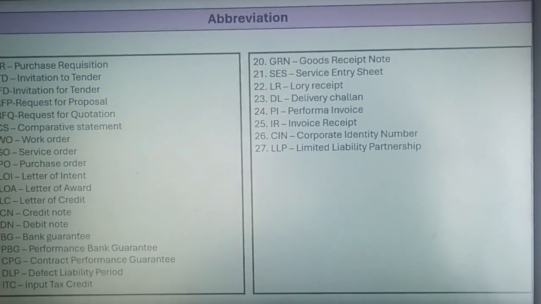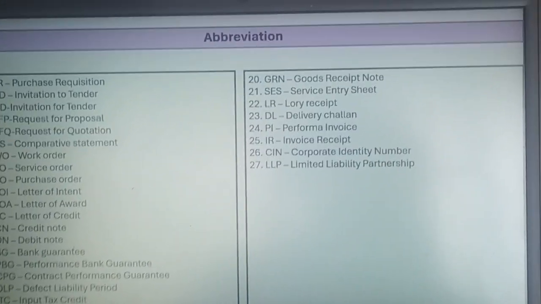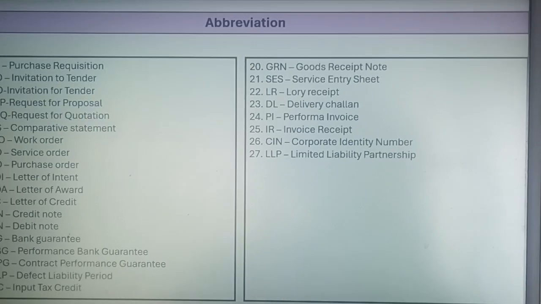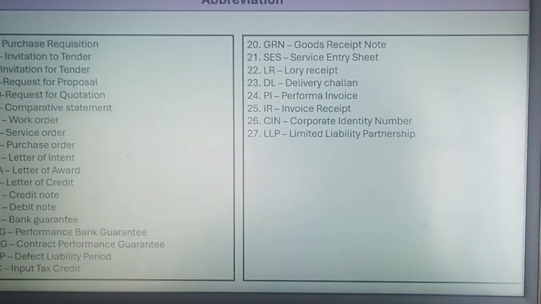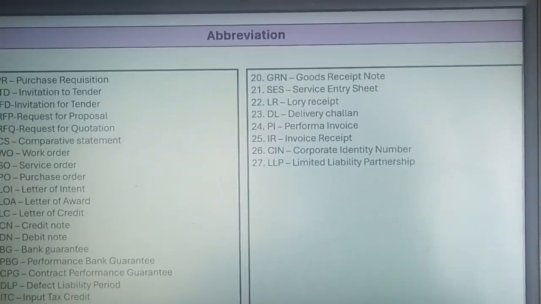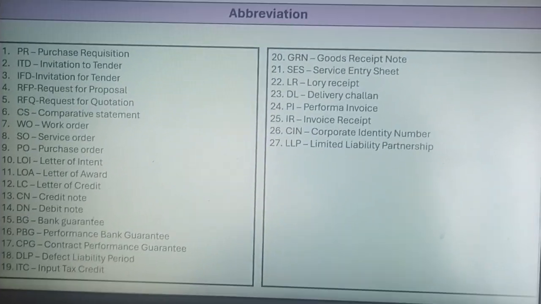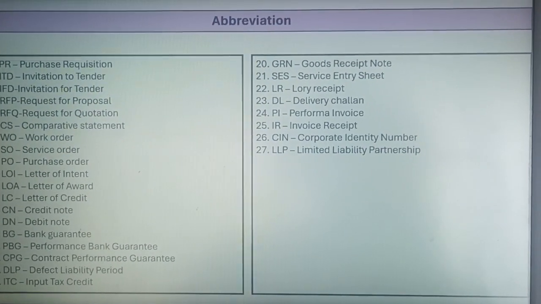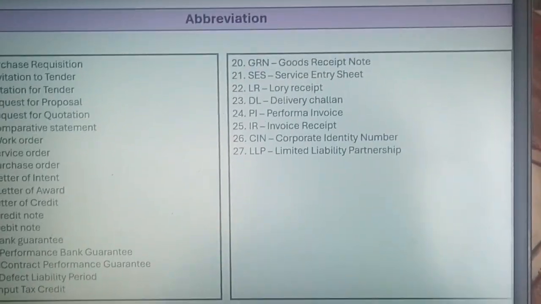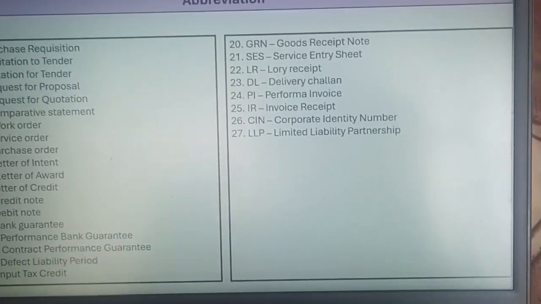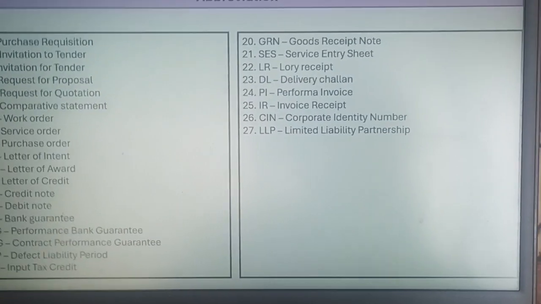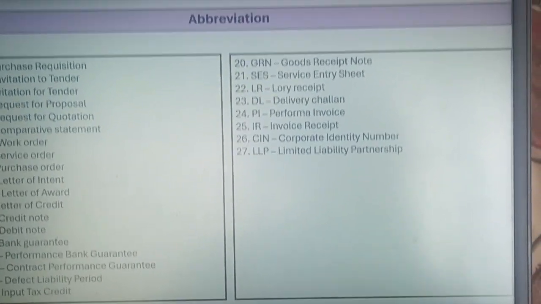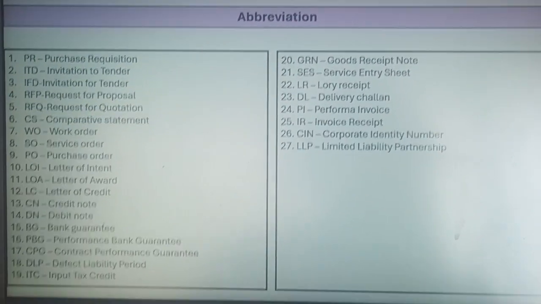One of the types is limited liability partnership. It is not a limited company, private limited company, or solo company. It is a limited liability partnership.